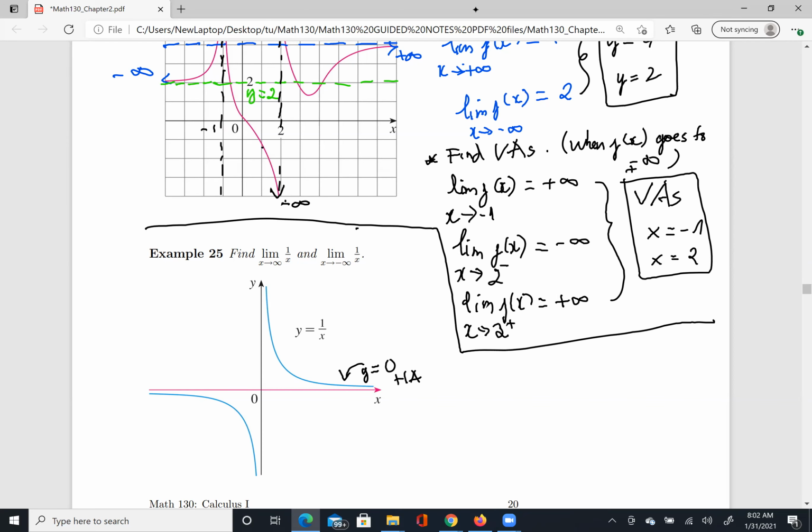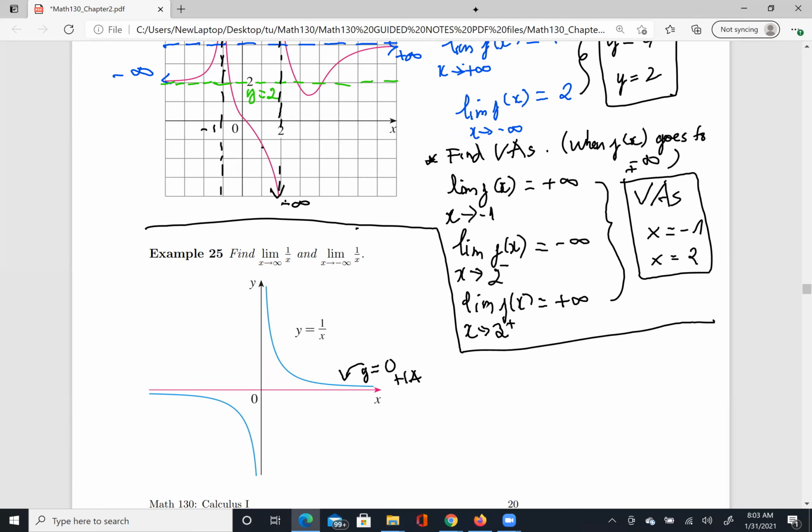And y equals 0 is the horizontal asymptote because when x goes to positive infinity, the f(x) will go along and close to 0, right?